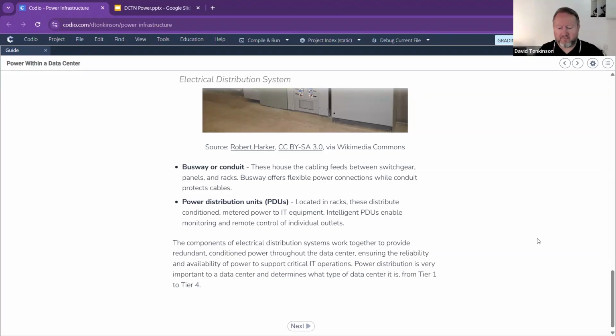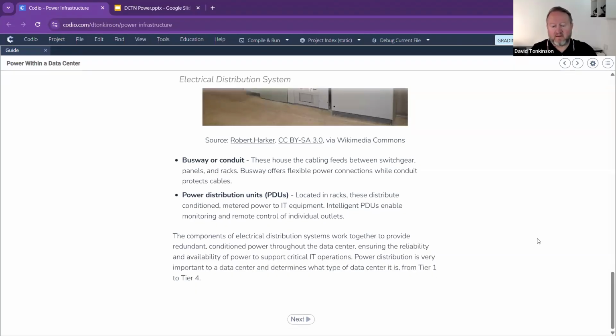Yes, that's right, Annabelle. So PDUs are power distribution units, which basically enable and monitor remote control of individual outlets. So when we talk about data centers, depending on how we're looking after them, how we are managing the electricity coming in, how many backups we have, what style of backup systems, we will get graded as a particular tier.